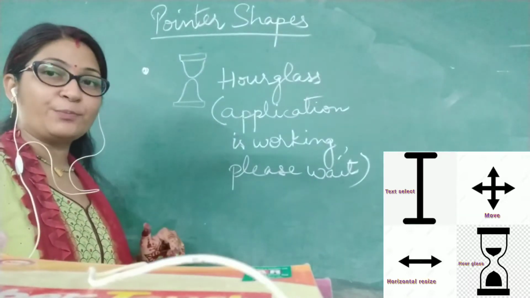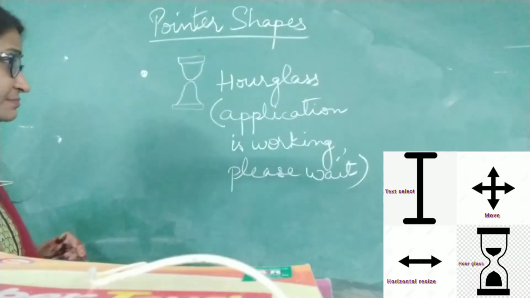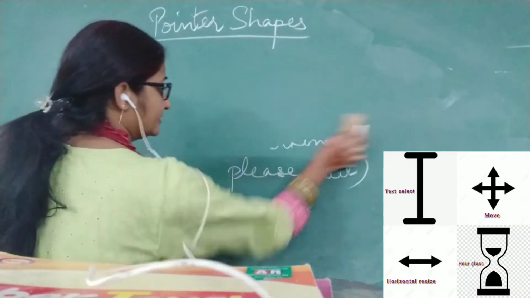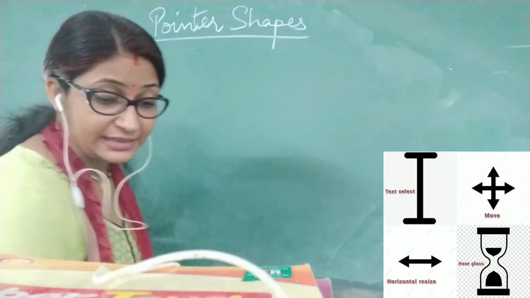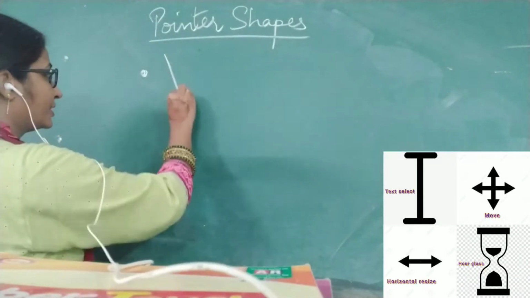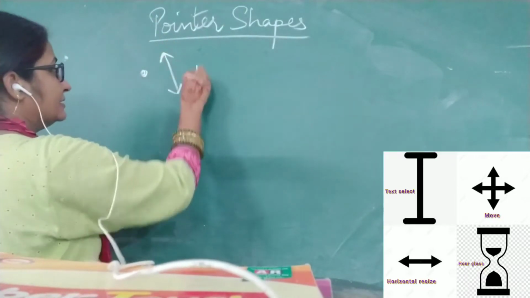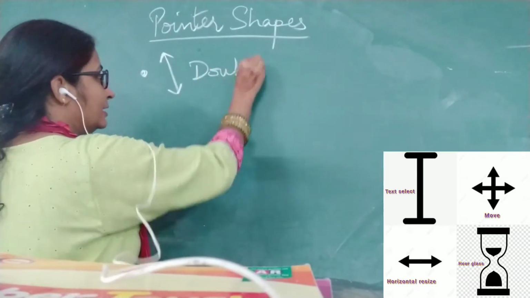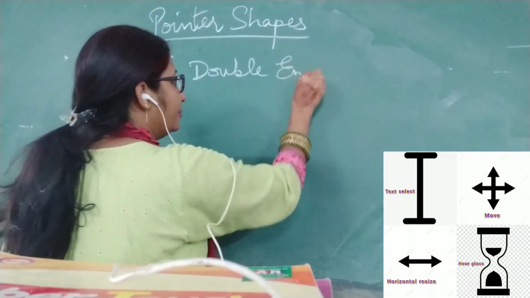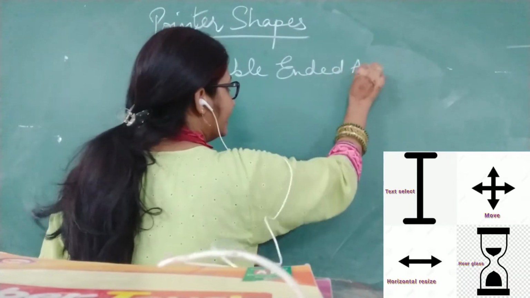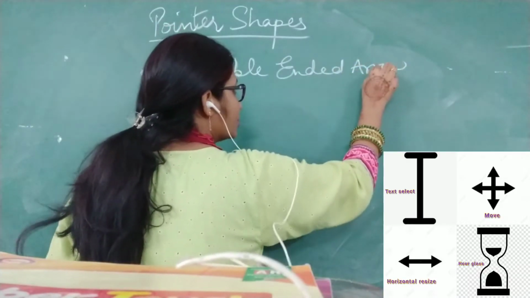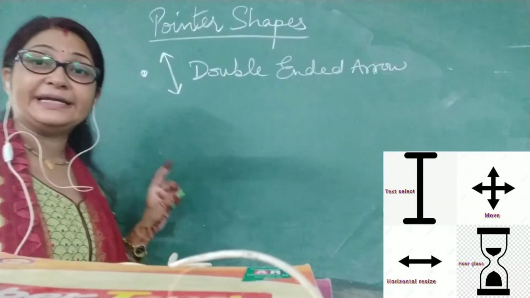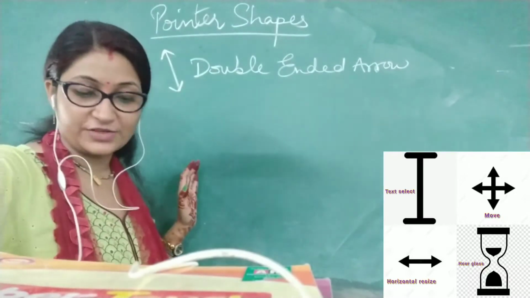We have one more pointer shape, that is a double-ended arrow, somewhat like this. This is called the double-ended arrow. You can also see it in the pictures. Now what is the use of this double-ended arrow?